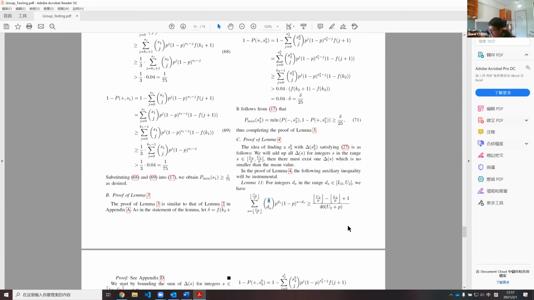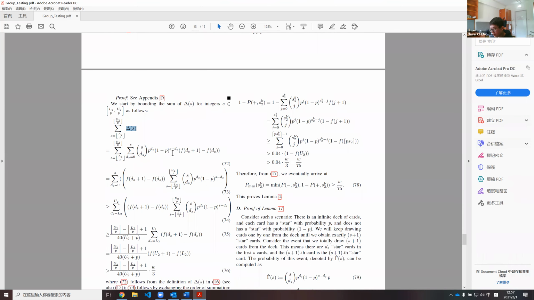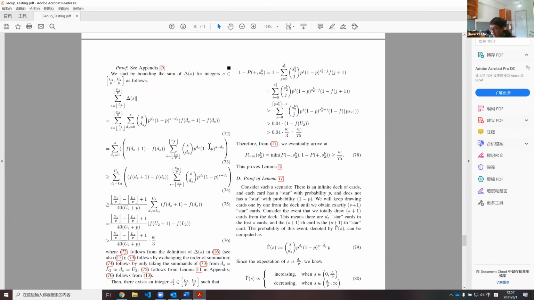So it helps us to bound the sum of delta s from L2 over P to U2 over P. So we will add up all of the deltas, and we use summation transformation to get equation 74. And lemma 10 helps us to bound 74 to 75.